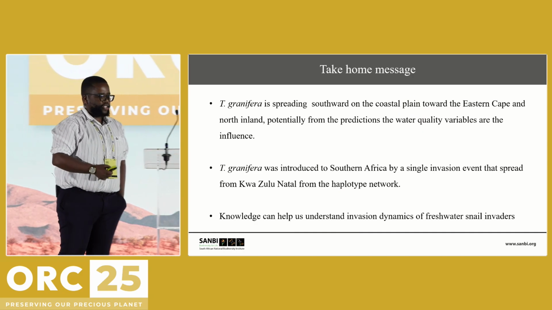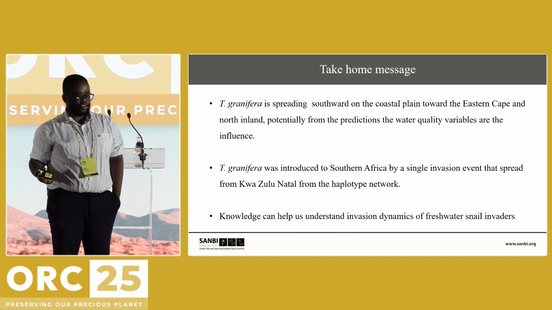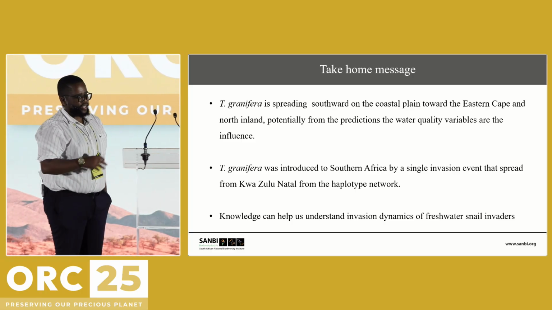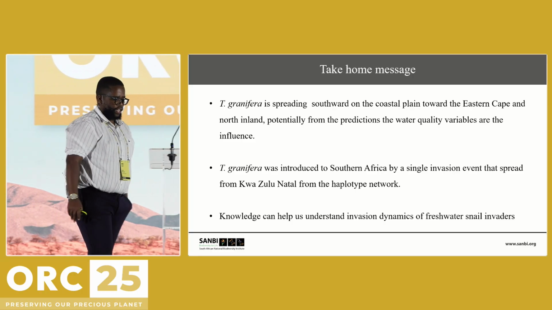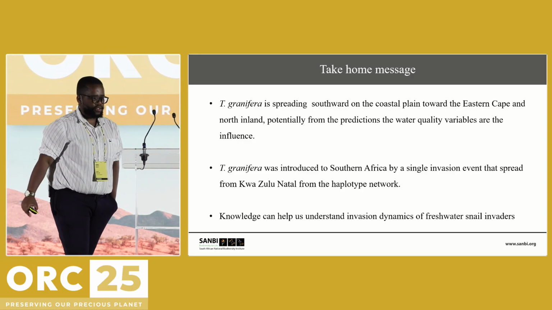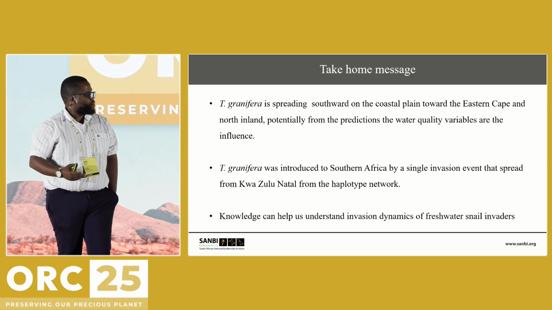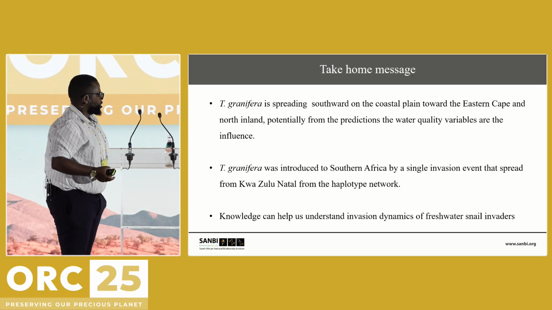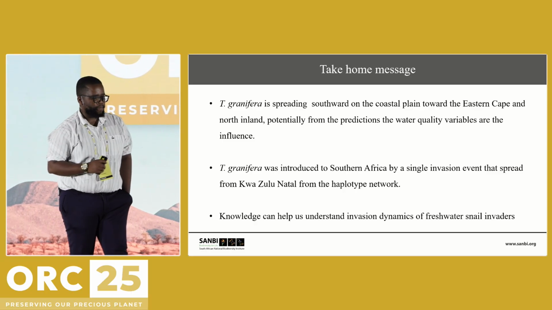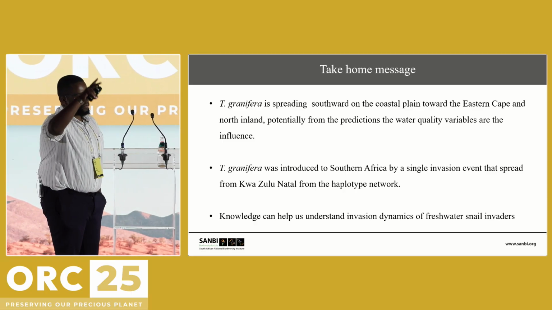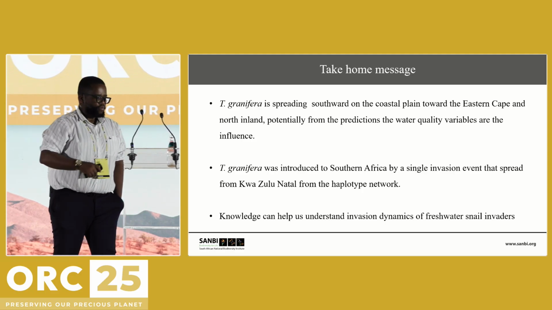So the take-home message is that Tarebia granifera is spreading southward on the coastal plain towards the Eastern Cape and northward inland. So potentially, we can predict that the water quality variables that I showed earlier on are the ones that are influencing both the spreads.